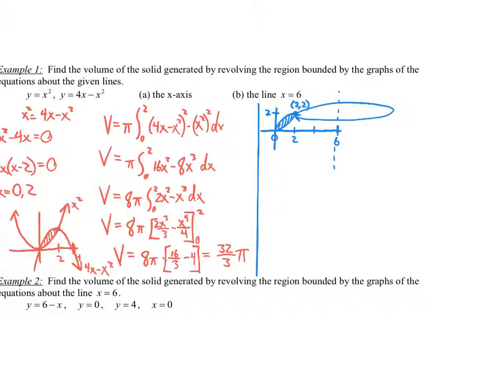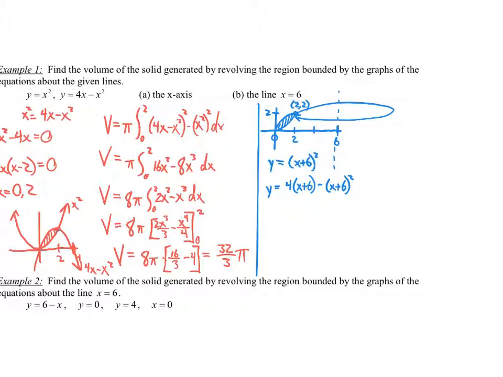So if I made this y equals x plus 6 squared, and I made the other one y equals 4 times x plus 6 minus x plus 6 squared. Okay? Now I've shifted that over 6 units.